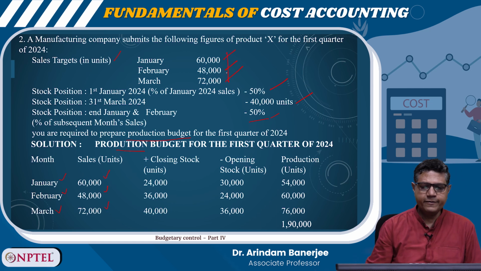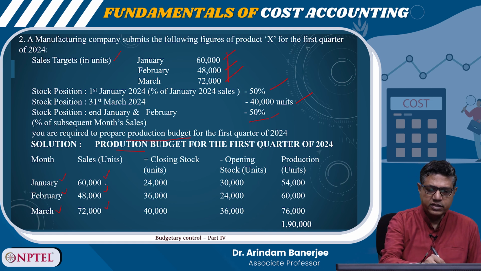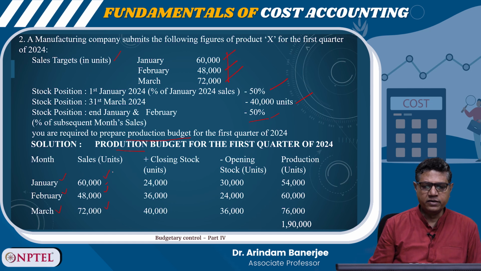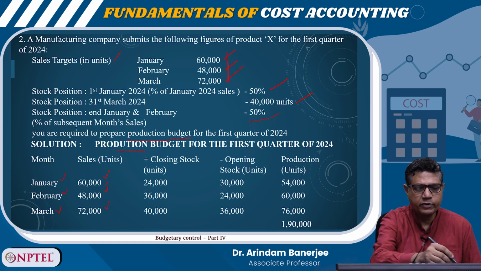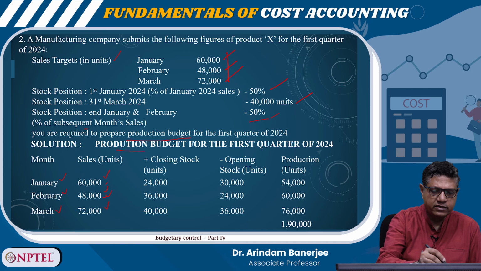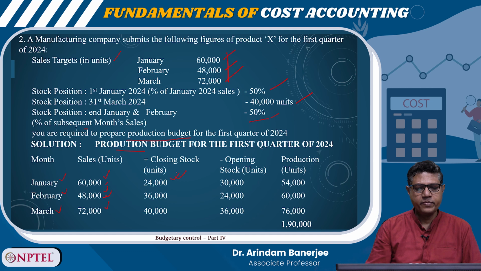The closing stock is given as 50%. The stock position on 1st January is 50% of January 2024 sales, so it is 30,000. For the subsequent month, the sale is 48,000, and 50% of 48,000 is 24,000.